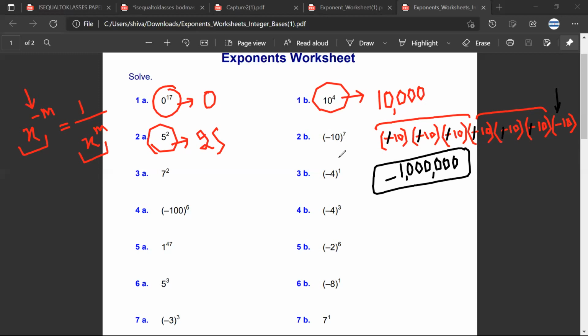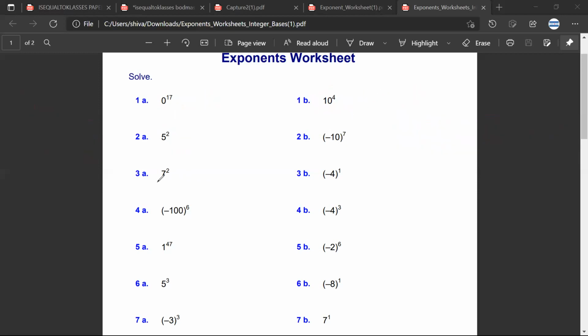This is a bit confusing. Especially for beginners, it becomes very confusing and very frustrating. So what would be the answer? So 49. What would be the answer? 1 upon 4.